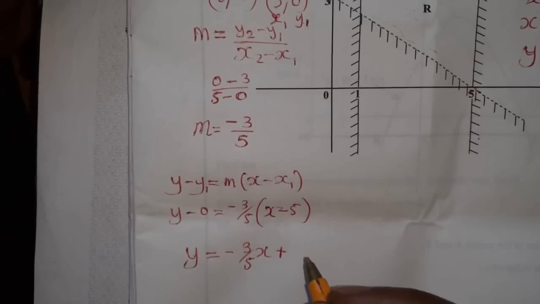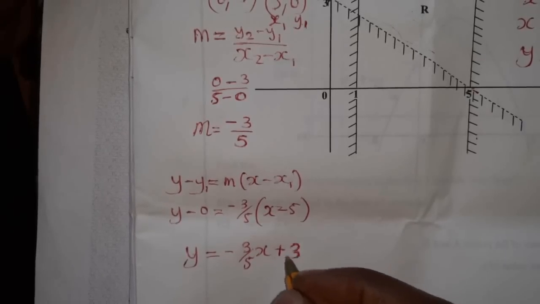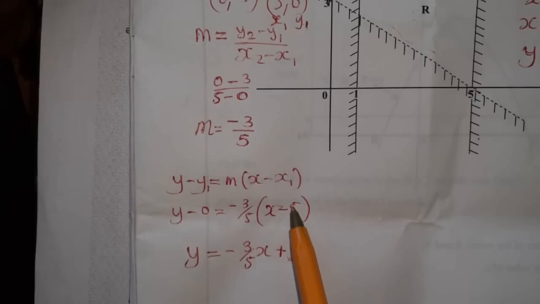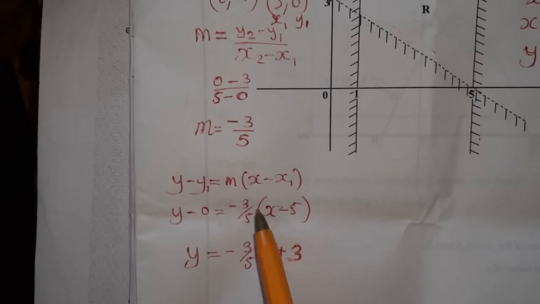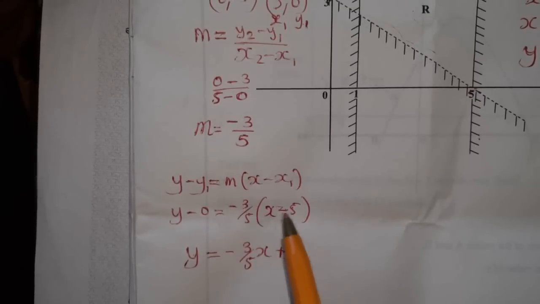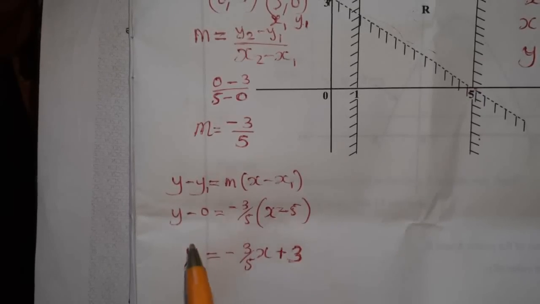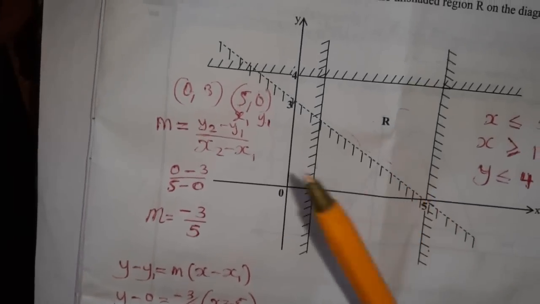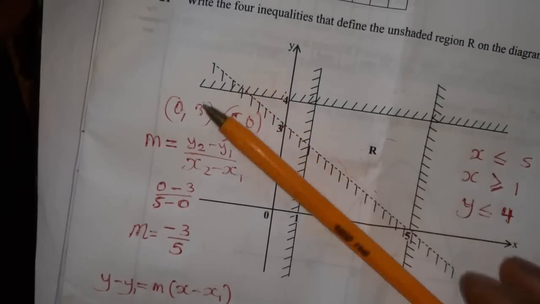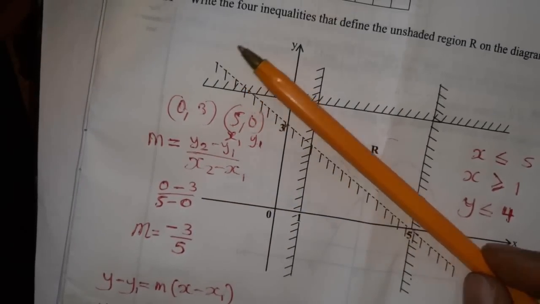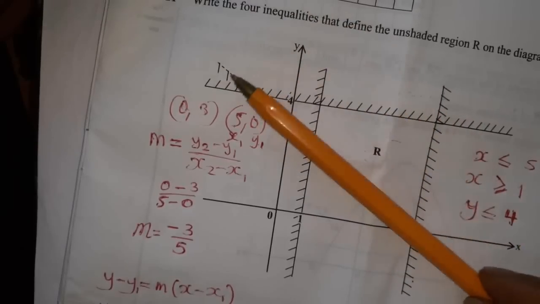plus 3. Plus 3 in the sense that 5 into 5 is 1. Then this negative and this negative will give us, so when you multiply 3 by 1, you get 3. So this is an equation here. So the inequality now is going to take us to the region. When you look at this line, the region that is unshaded is above, so which is greater.